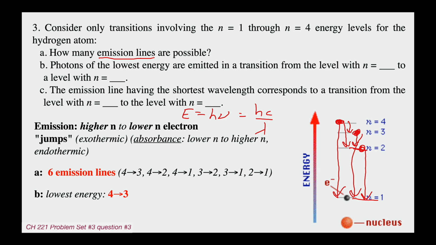So for us, smallest or shortest wavelength is going to be the largest energy. So the answer for C is not just shortest wavelength, it's also going to be largest energy, and the largest arrow is definitely the 4 to 1 transition. The 4 to 1 transition has the highest energy, and because energy and wavelength are inversely proportional, that would also be the shortest wavelength.